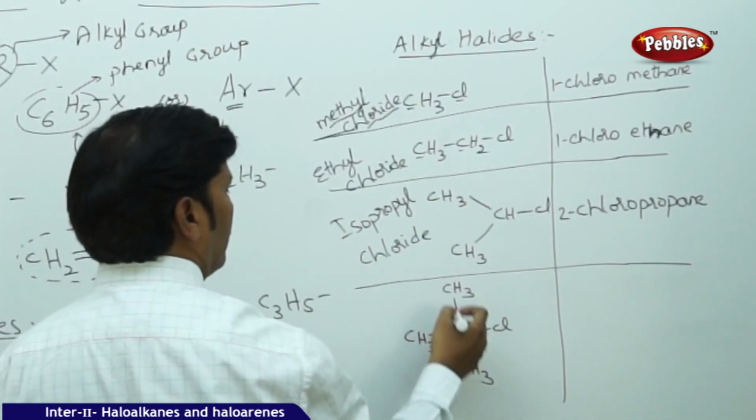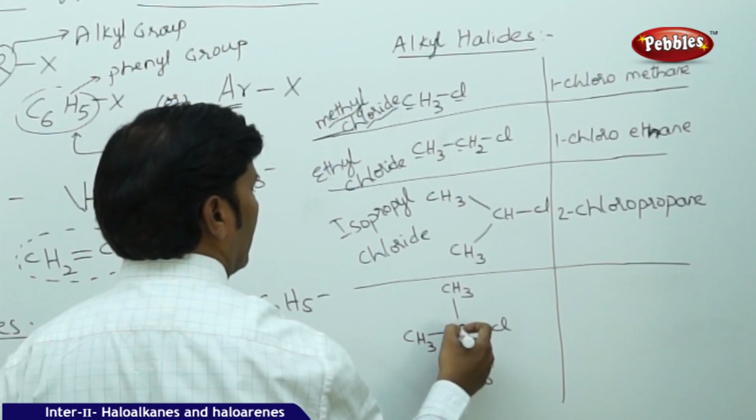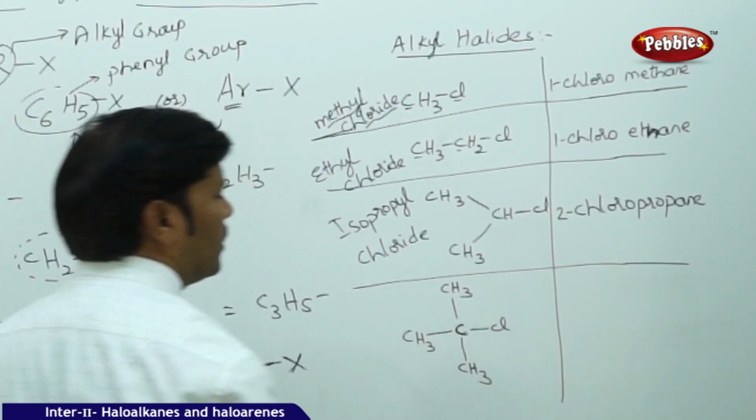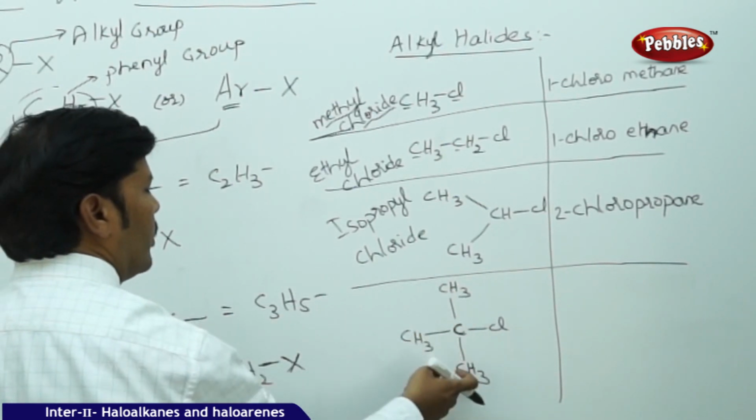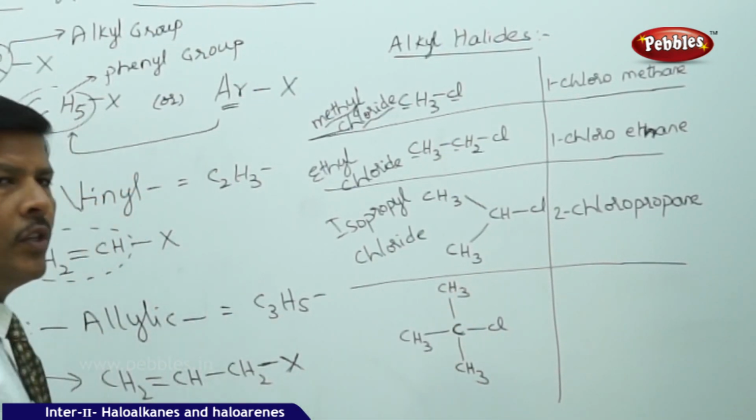Here the chloro group is attached to a tertiary carbon. We have 4 carbons here, that is 1, 2, 3 and 4, so it's a tertiary butyl group.